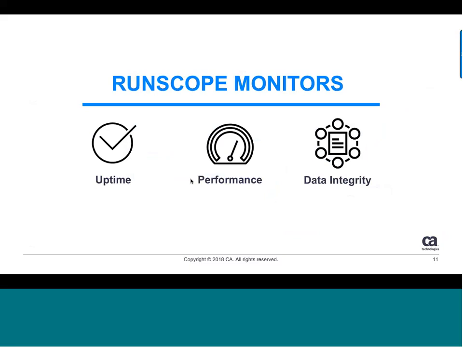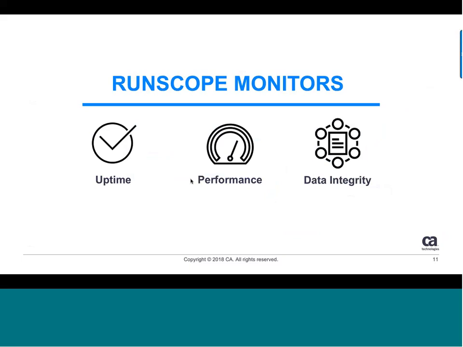To keep it simple, if you don't remember anything about my portion of the presentation today, think of Runscope as providing the ability to monitor three key aspects of your APIs. First of all, are they up? Are they up or down, so green or red? How's the performance of the APIs?